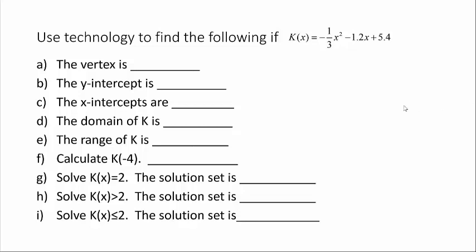Since it says using technology, we're going to go to Desmos and graph this function, k of x, and we're going to be looking for the vertex, the intercepts, domain and range, k of -4, and we're also being asked to solve k of x equals 2, k of x greater than 2, k of x less than or equal to 2. So we're curious about when the output is 2 as well. With those things in mind, let's go to Desmos and graph this.